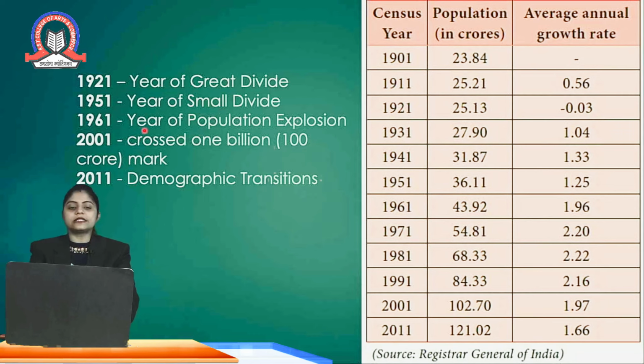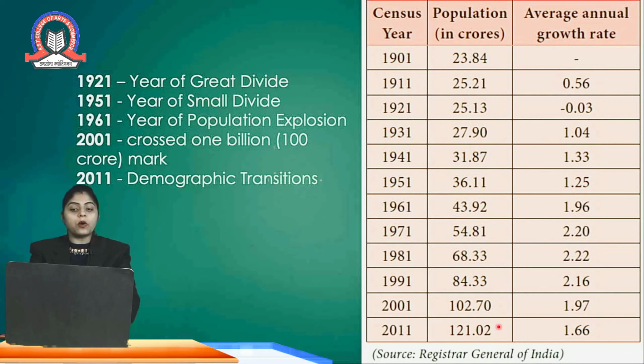In 1961, it is a very tremendous problem for India's population. 1961 is called the year of population explosion. If we see 1951, it's just 1.25 growth rate percentage. Later on, it increased and went to 1.96 percent growth rate of India's population. So from 1961, the population of India explodes like nowhere.